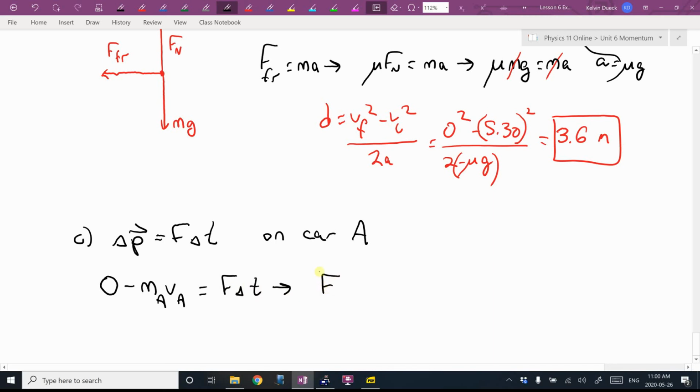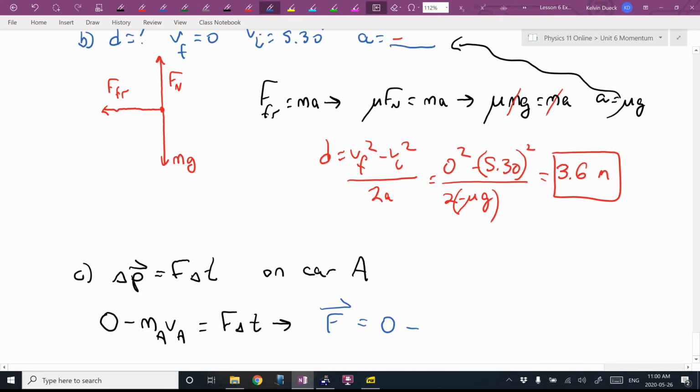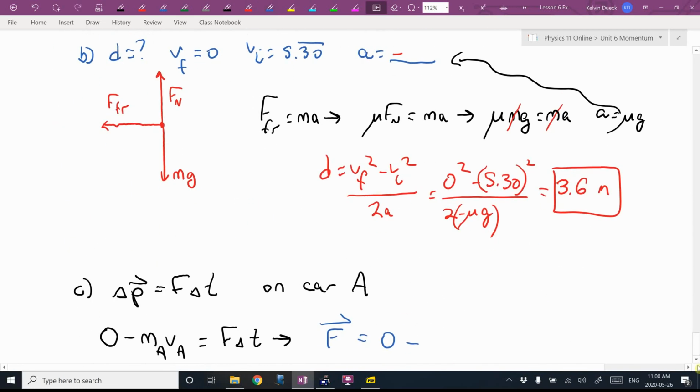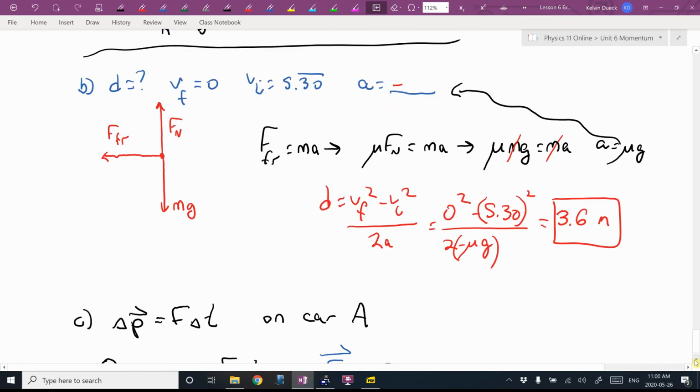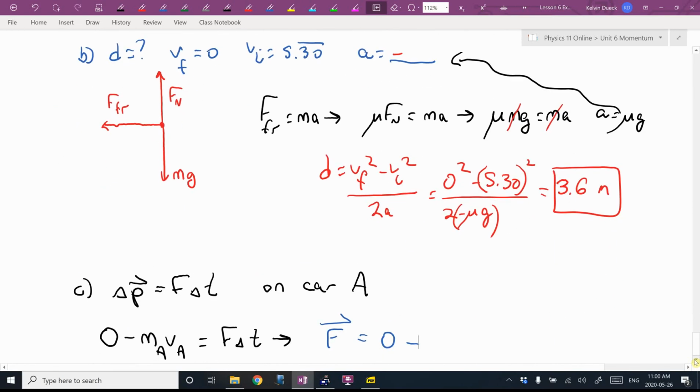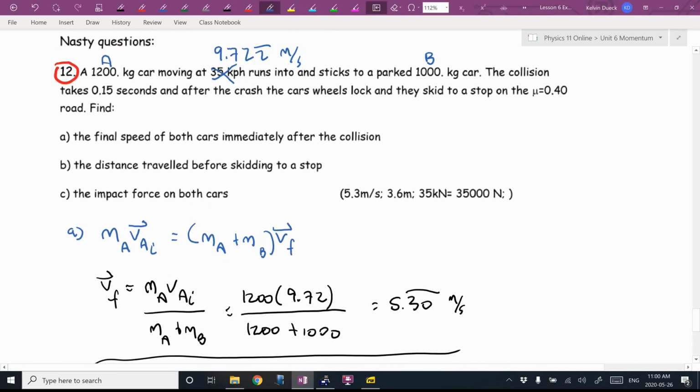So the net force is going to be 0 minus car A's 1200 times 9.7222222, all divided by time, which was 0.15.